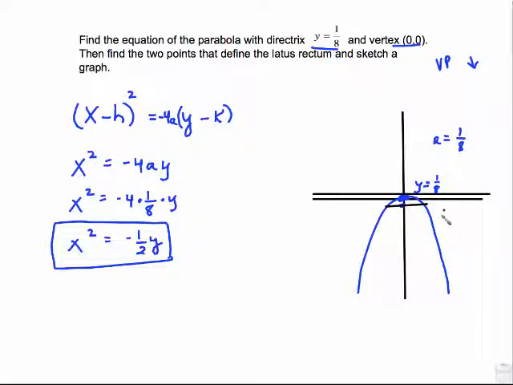So I know the y values for each of these will be negative 1/8, negative because we've gone down. And my x values will be this distance, which is twice that. So 2 times negative 1/8 will be negative 1/4. And on this side would be positive 1/4.